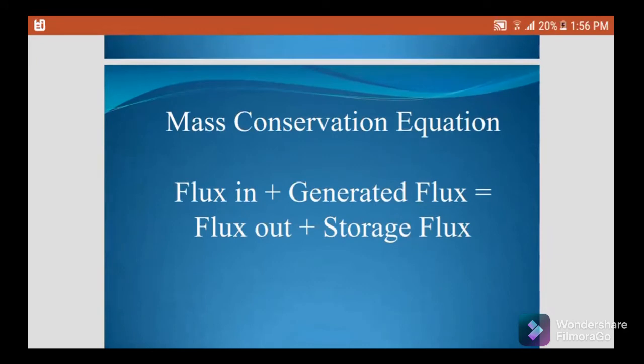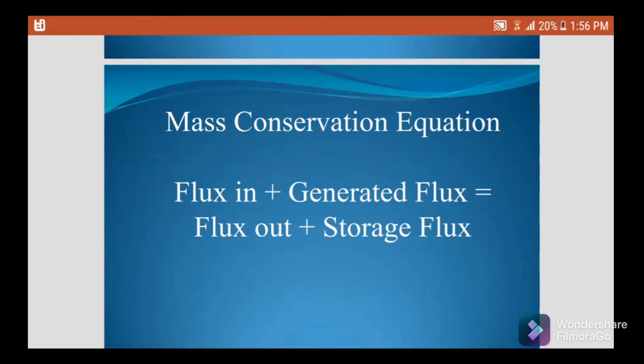From the mass conservation equation or the mass balance, we can write this equation: flux in plus generated flux equals flux out plus storage flux.